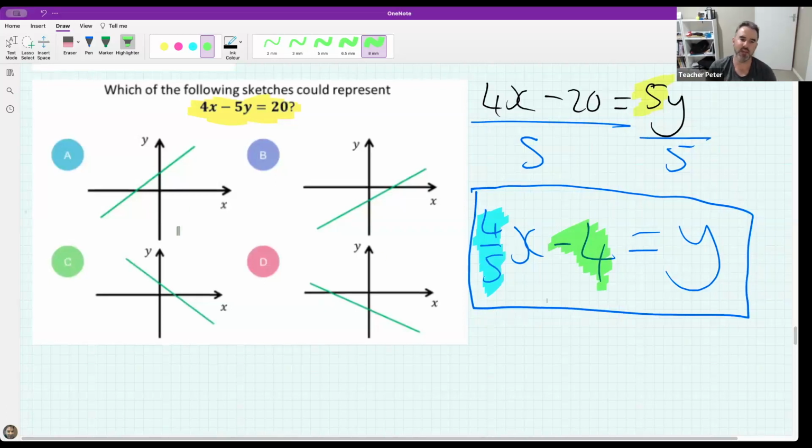Which option, A, B, C, or D, will match this straight line? What are the two possibilities? Is it A, B, C, or D?